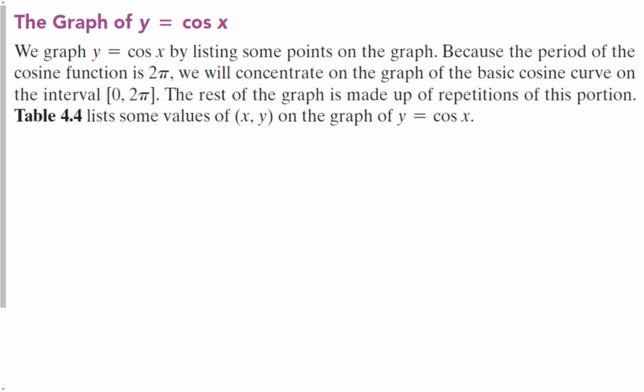Cosine is not going to do that. Okay, so first, let's get the values of cosine. And remember, the cosine is now the x-coordinate of the graph. So this is the maximum the x-coordinate is going to be. This is the middle. That is the minimum. That is the middle. And then back to the maximum.